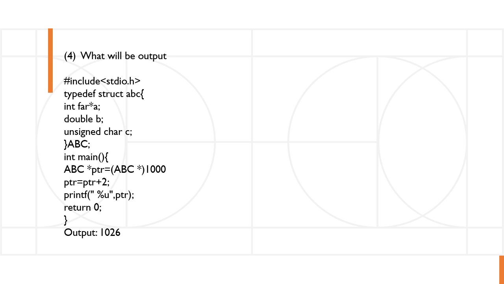So typedef struct abc with an int pointer a, double b, unsigned b, unsigned char c, and abc in the main function. Struct abc pointer ptr, struct pointer ptr = 1000. So ptr = ptr + 2. Here the size of that particular variable is of struct type.